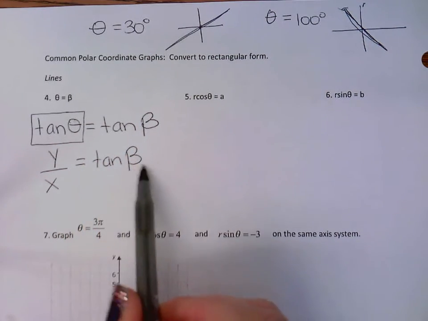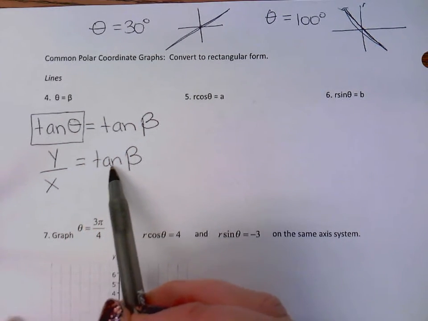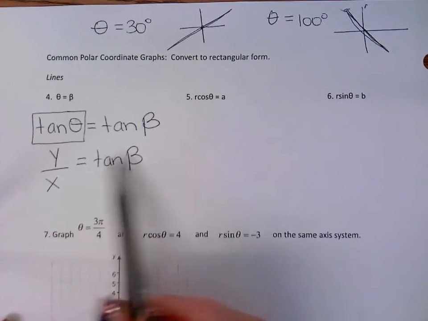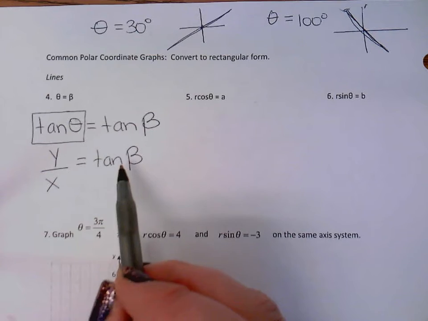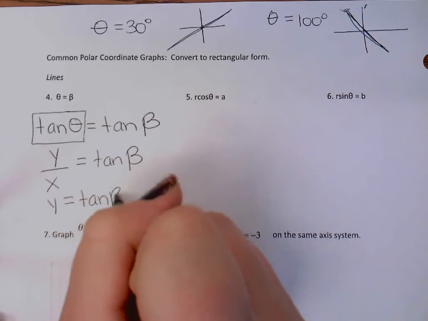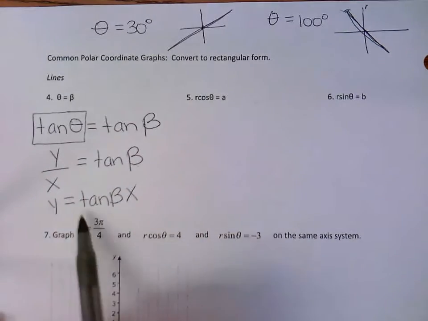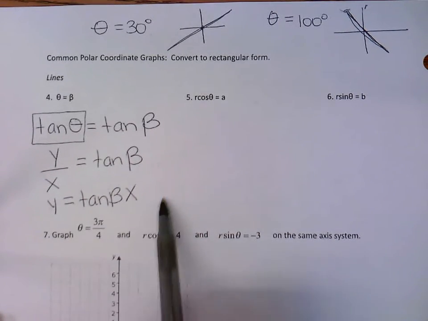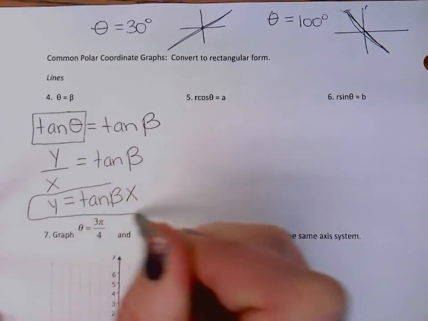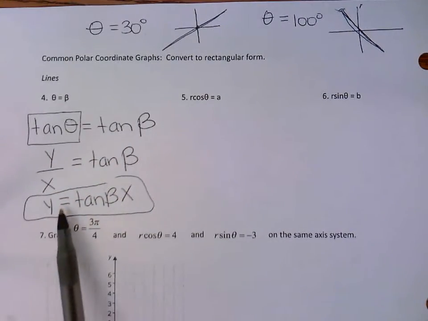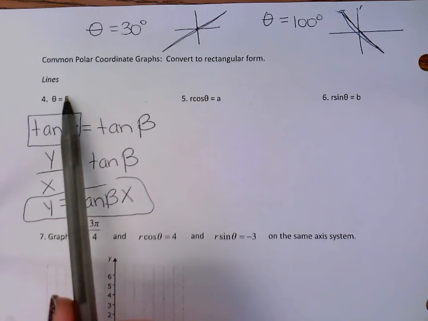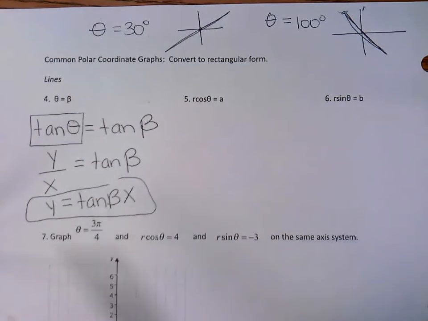The tangent of my angle, I'm going to type into my calculator, like the tangent of 30 degrees or the tangent of a half, the tangent of 45, whatever my angle is. So my final line, the slope of the line is the tangent of the angle. So y equals mx plus b, right through the origin. So you don't have to memorize this if you can convert it. Just recognize that if you have theta equals something, it's a line through the origin.